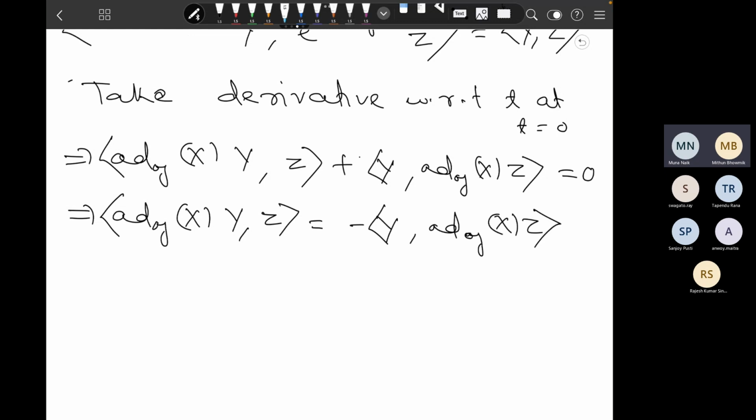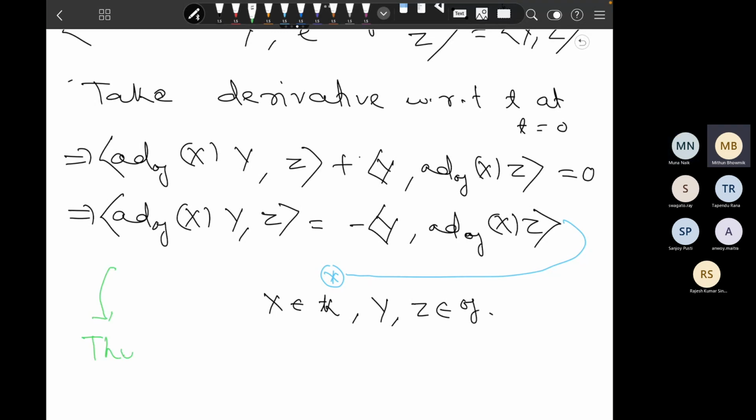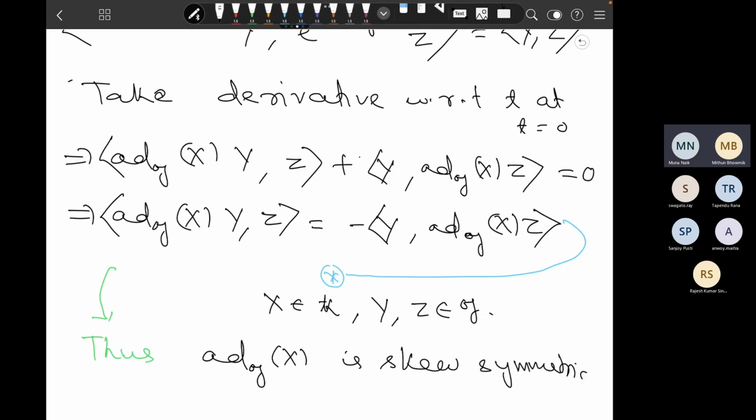I call this star. The condition here is x belongs to k and y, z belong to G, and this says that R_G(x) is skew symmetric.